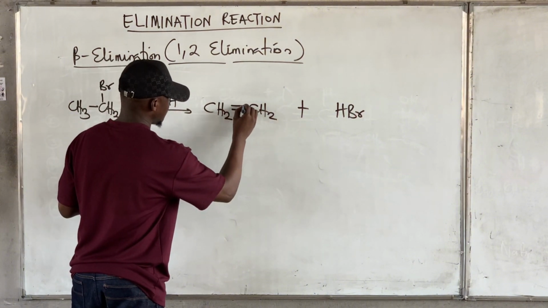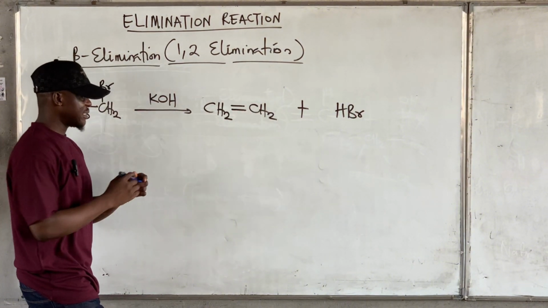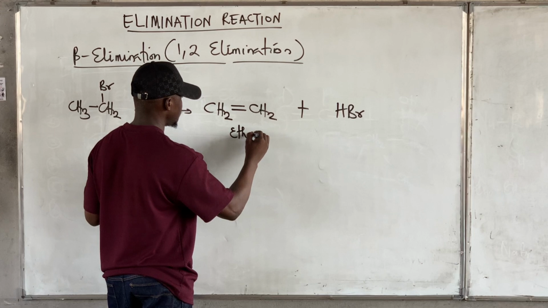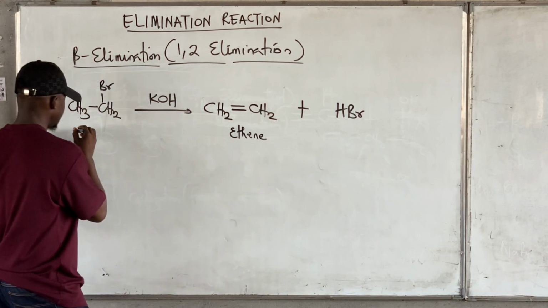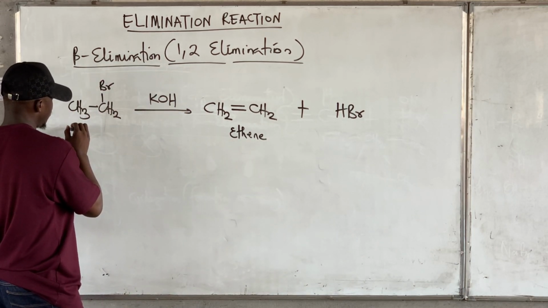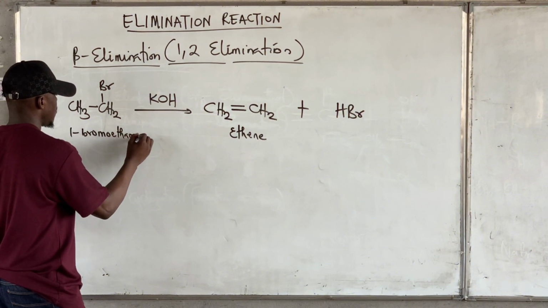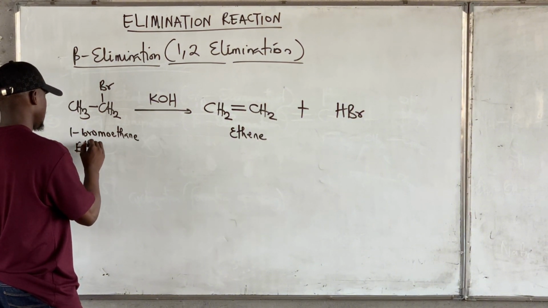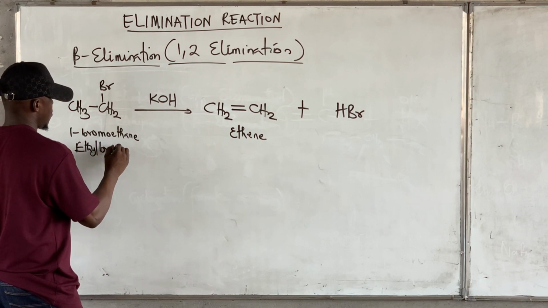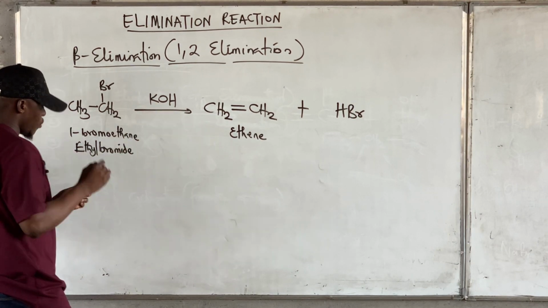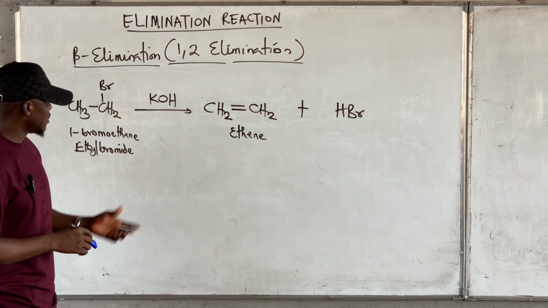So this becomes ethene. This is bromo, one bromo, ethane, or ethyl bromide. So that's basically it.